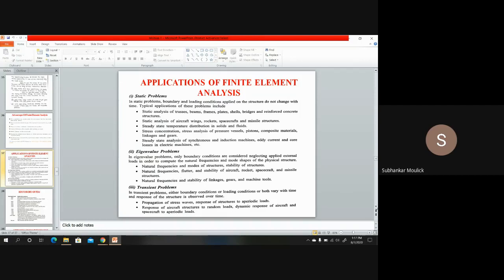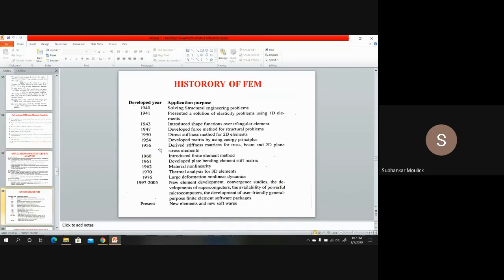Next is the history of FEM. In this slide, nothing much I have to say. What is discussed here is the history behind FEM: when it was first discovered, what happened at that time, and then year by year what modifications we made in FEM. All those things are described in this slide.